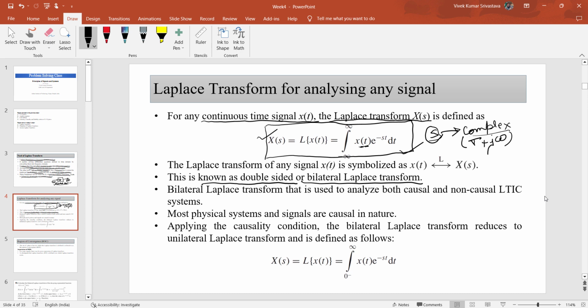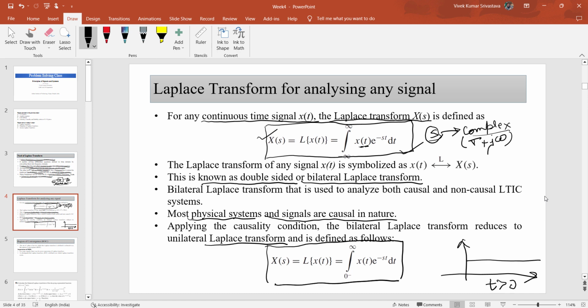However, there are various physical systems or signals that are causal in nature, meaning they are defined only for t greater than 0. So for defining the Laplace transform for such a causal signal, we use the unilateral Laplace transform.